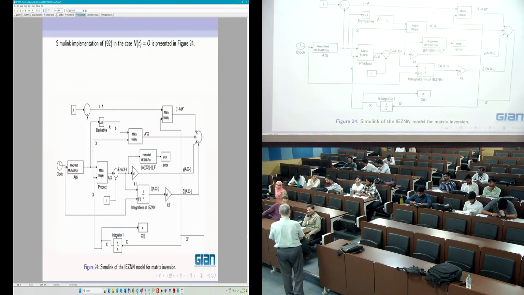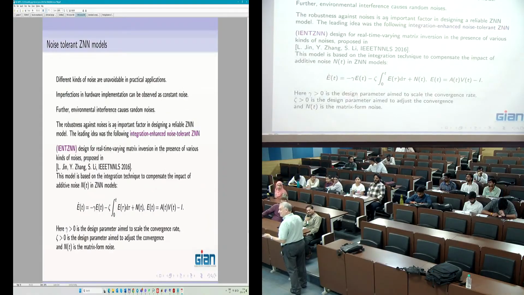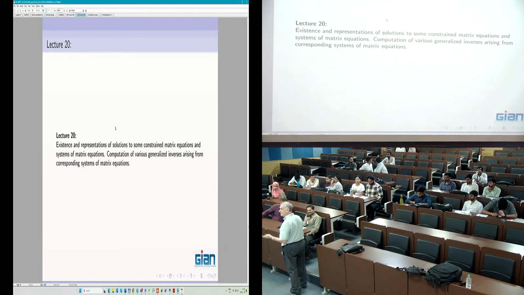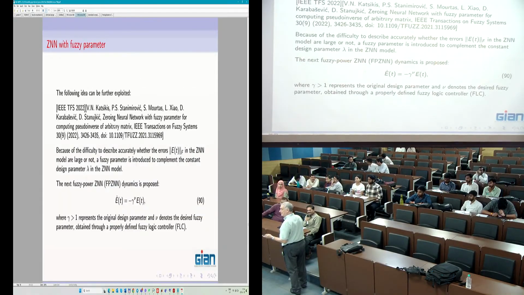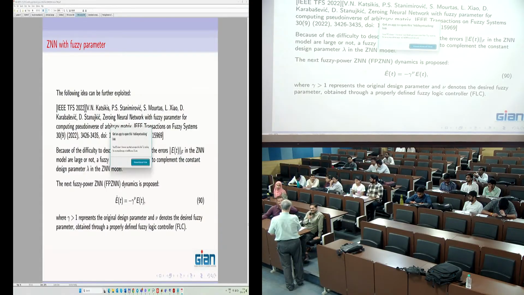Sir, one more question related to the fuzzy inference system. You have used a pi-shaped membership function. Is there any special reason for using the pi-shaped membership function? We use one membership function, pi-shaped, yes.